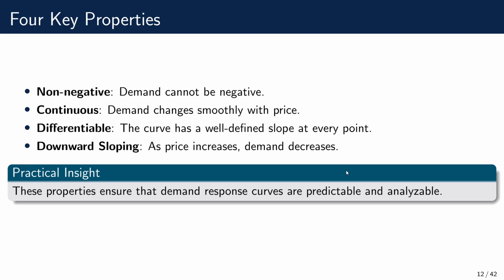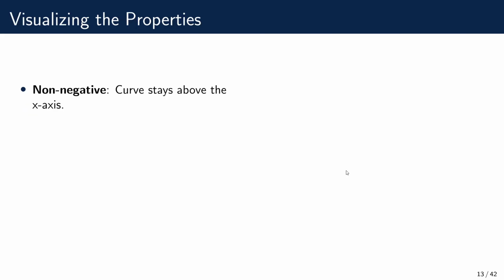Now let's visualize these properties. Non-negative means that the demand response curve will always stay above the x-axis. Continuous means that there will be no breaks or jumps in the curve.